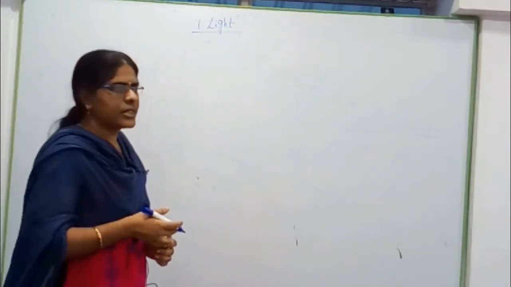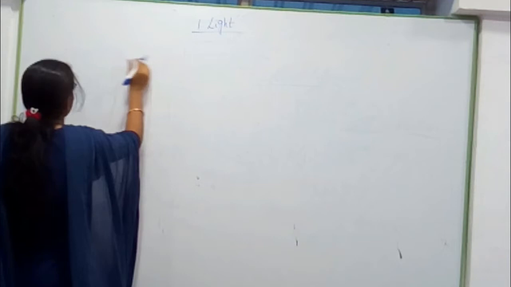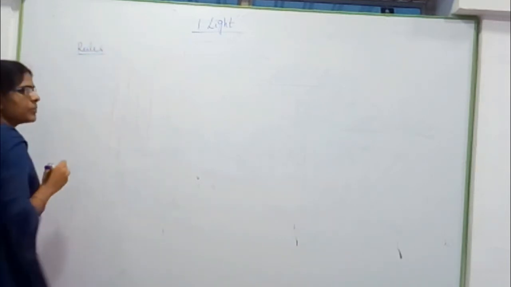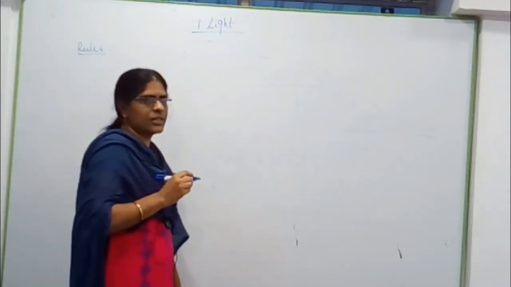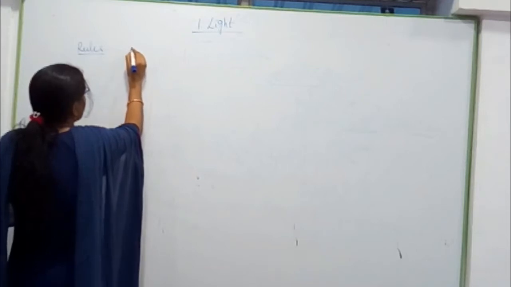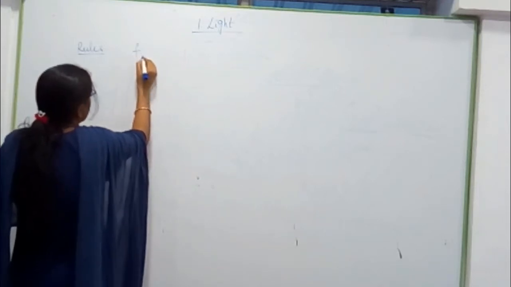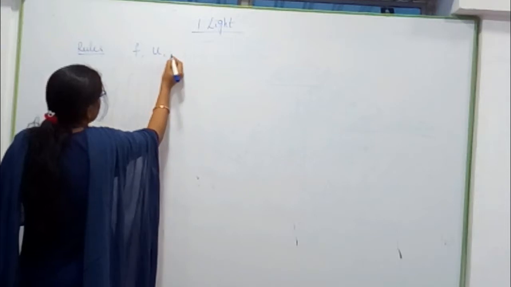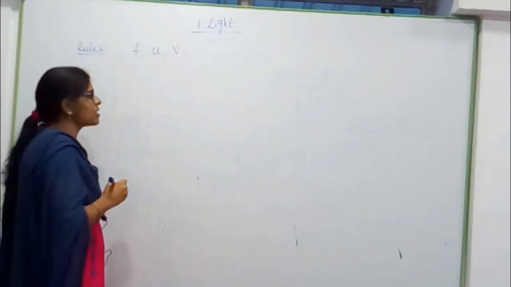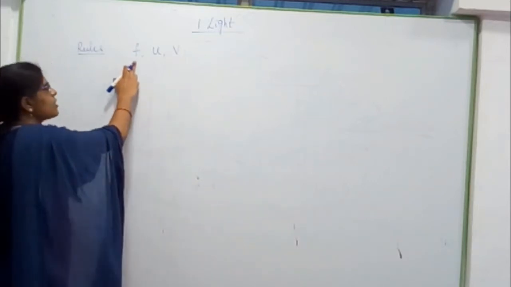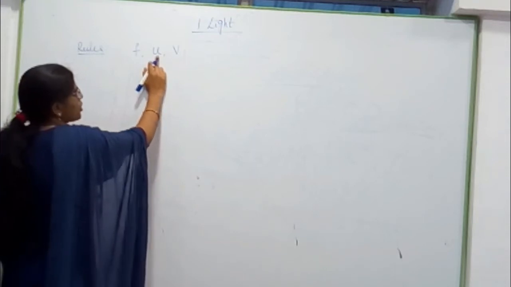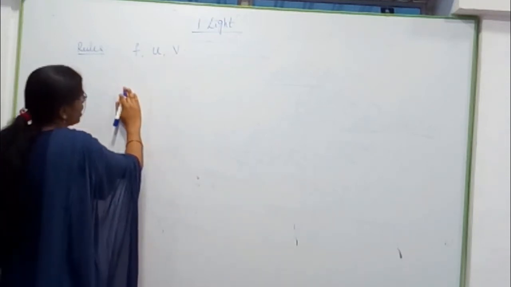Like the spherical mirrors, in the last class I told you the rules regarding mirrors, and based on these rules we derived certain formulas, like a relation between focal length, object distance and image distance. Focal length is always denoted with F, object distance is U, image distance is V.